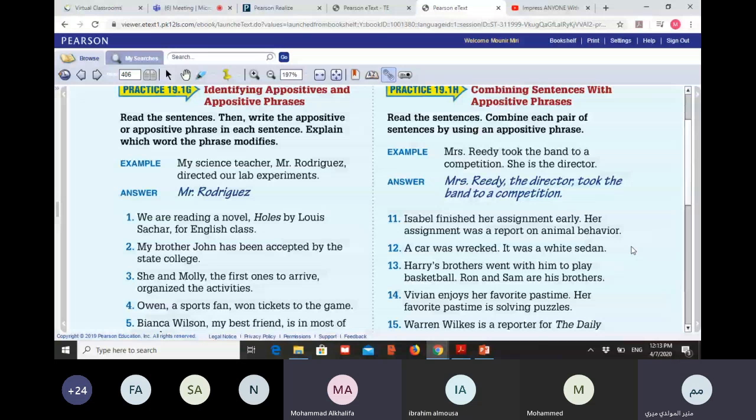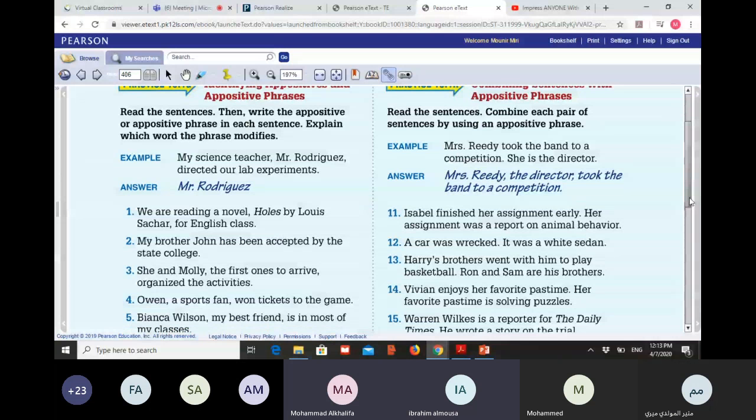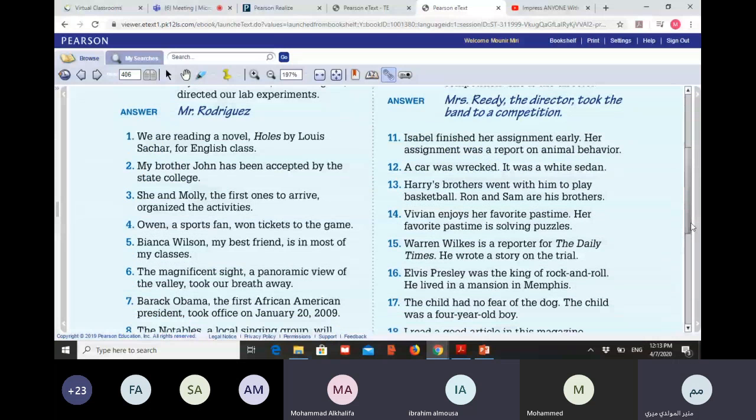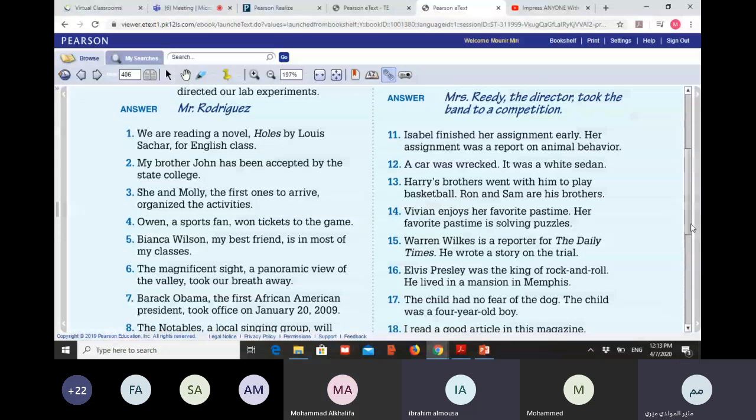Explain which word the phrase modifies. My science teacher, Mr. Rodriguez, directed our lab experiment. Answer, Mr. Rodriguez. Good. We are reading a novel, Holes by Lucas Sachar, for English class.